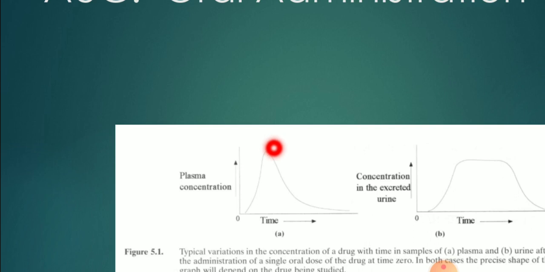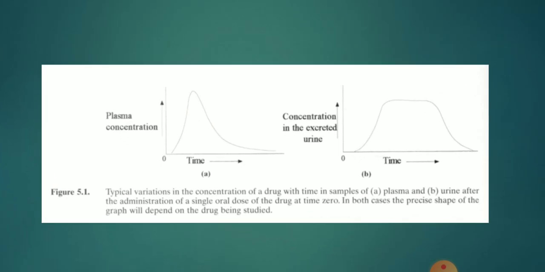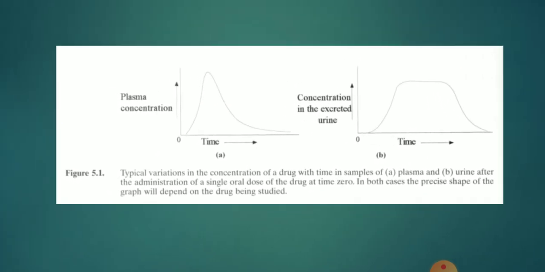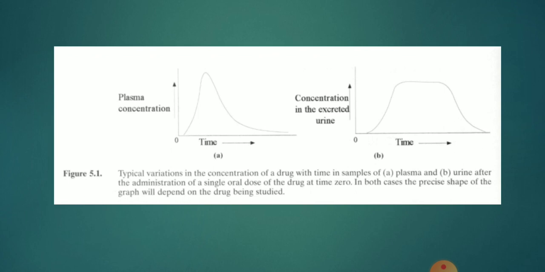Then the time taken by the drug to achieve this highest point, that is Tmax. It is coming around here. And then the area under the curve. So these three things will determine the bioavailability. Cmax and Tmax are known as indices of bioavailability.